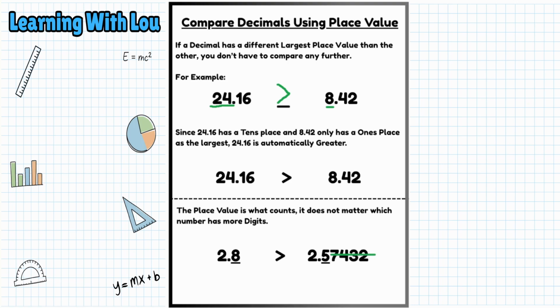None of these matter anymore. We have two different digits, 8 and 5. This is all we're worried about. Since 8 is greater than 5, and 8 in the tenths place is greater than 5 in the tenths place, 2 and 8 tenths is greater than this giant decimal here. You don't even have to worry about everything else. So just because one number has more digits in it doesn't automatically make it a bigger number when you're dealing with decimals.